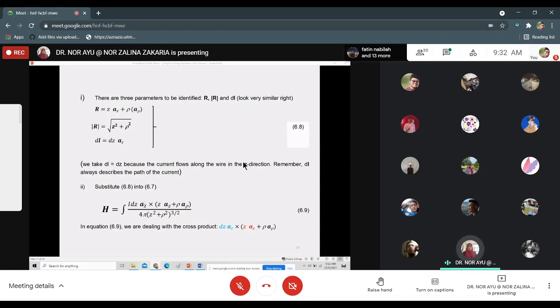So for this one, dl dia adalah dz az, dia cross dengan z az plus rho a rho. So how to do this cross product? Do you still remember macam mana nak buat cross product?